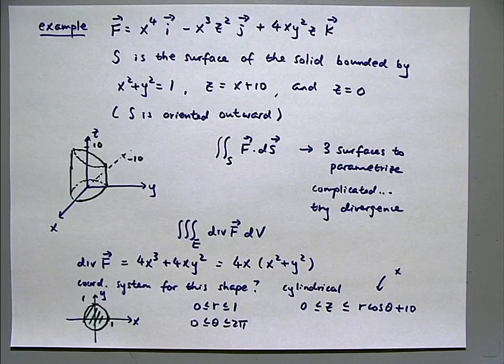So that's 4r cubed cosine theta. And that's what we integrate. And what is dV in cylindrical? Right, we need an extra r, and then the order dz, dr, d theta.